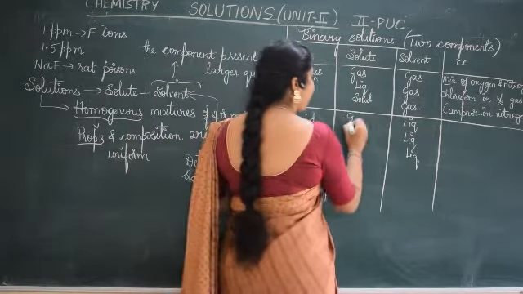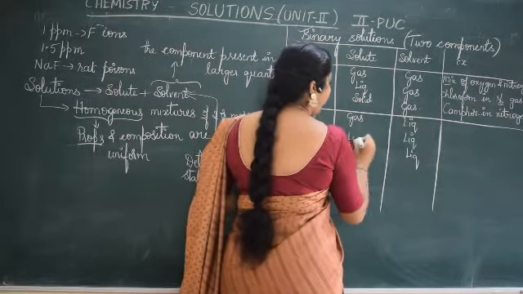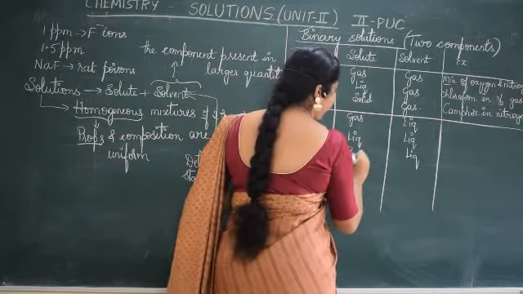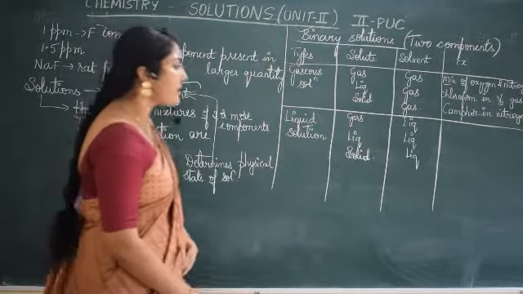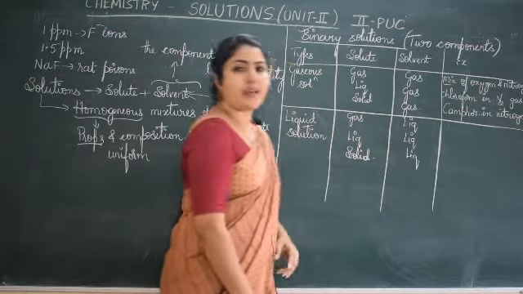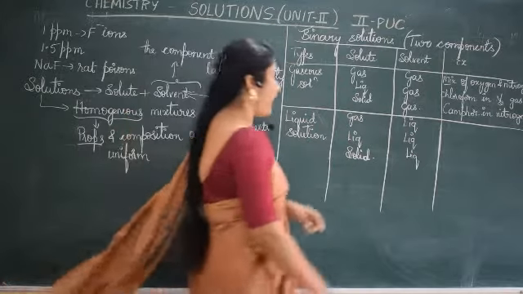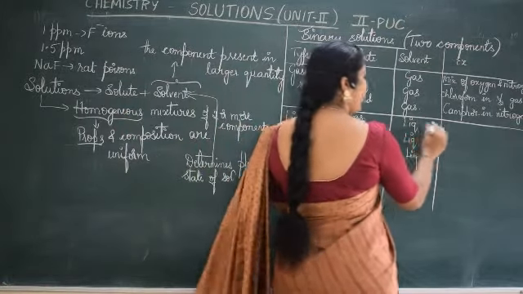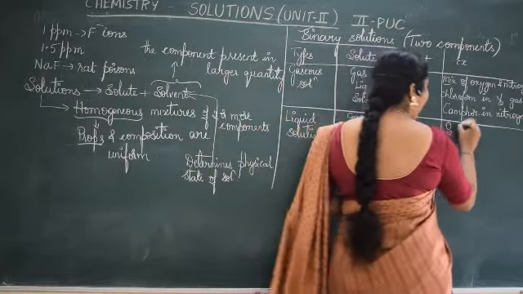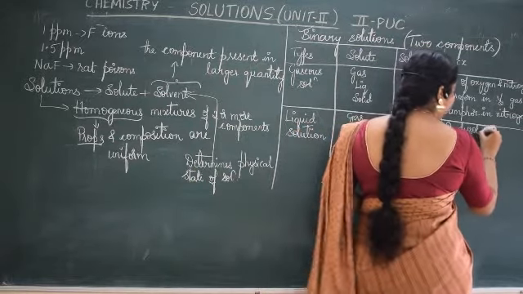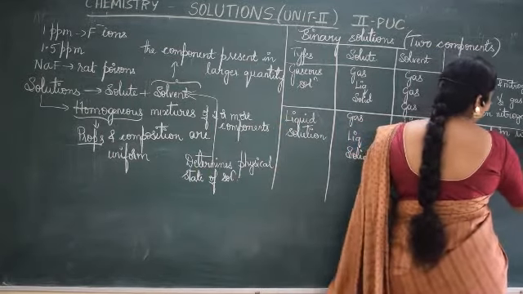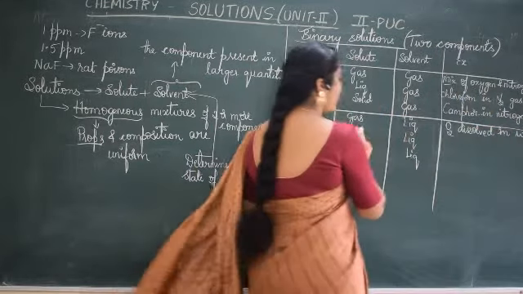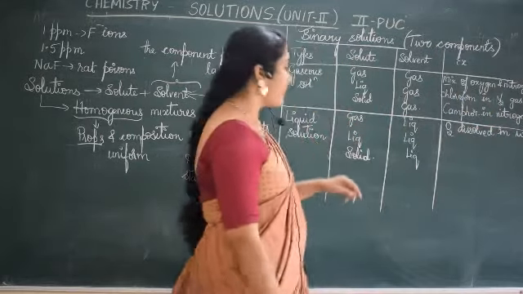Here the possibilities are gas or liquid or solid. What can be the examples? Here liquid, say we will take water as an example for the solvent. Then gas, oxygen dissolved in water. It is a liquid solution. Oxygen is a gas, water is a liquid.